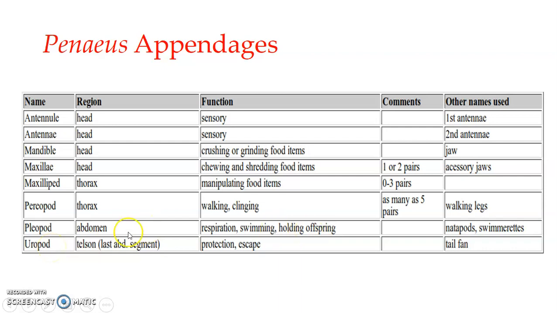So 6 abdominal appendages and 13 cephalothoracic, altogether 19 pairs of appendages present in Penaeus indicus. Okay, so we will be learning it in detail, the structure, the function performed and the position. In detail we will be learning the cephalic appendages in the next video. Okay, fine, thank you.